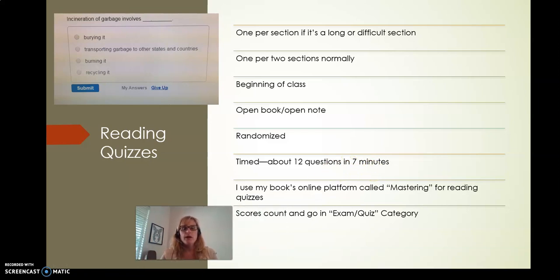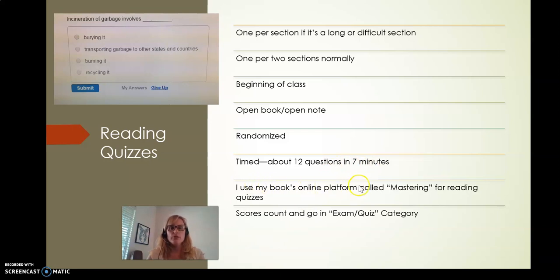So I use my book's online mastering platform called Mastering for reading quizzes. There are a lot of other sites you can use, from Quizlet to Quizzes to Quizegg. That's an old one. But you can also do reading quizzes on Google Forms. I just happen to have them through my book's online portal.